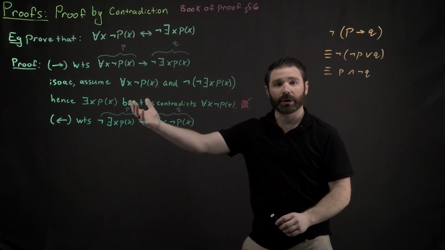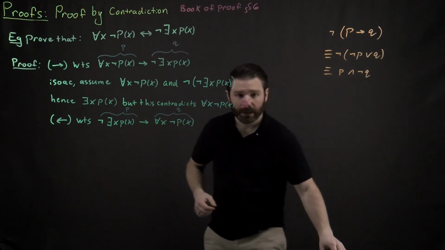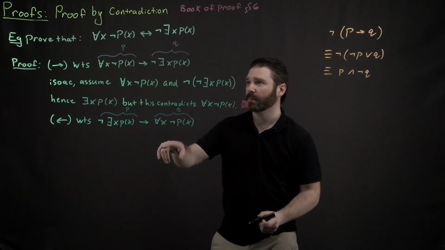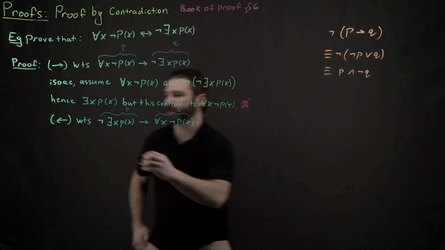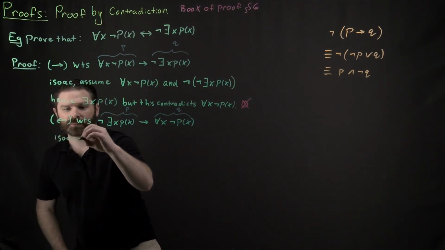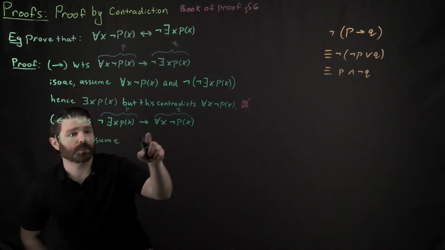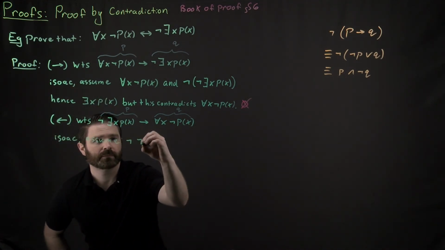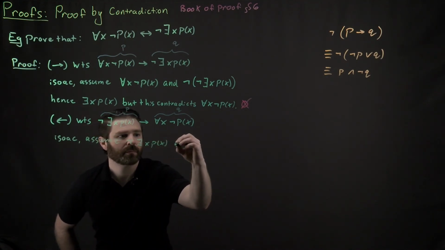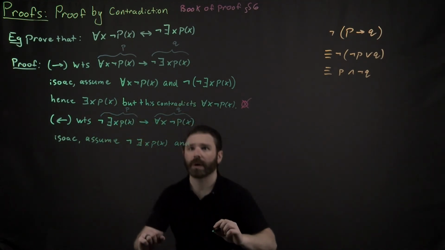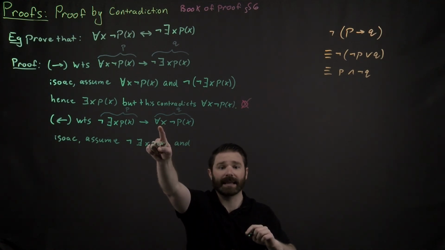And so if I want to argue by contradiction, I would then assume P and not Q. In search of a contradiction, assume P, assume that's true, and not this.